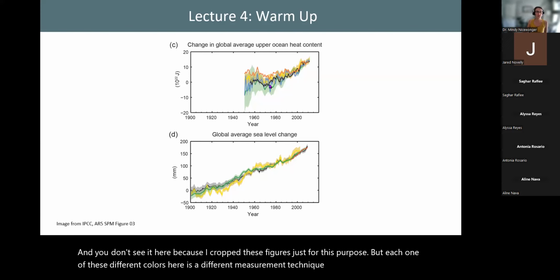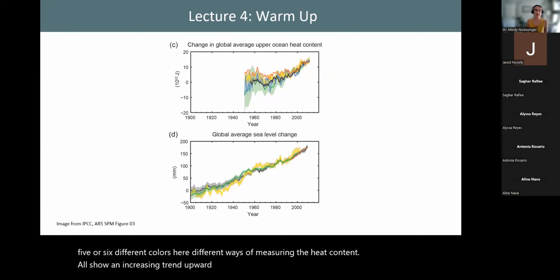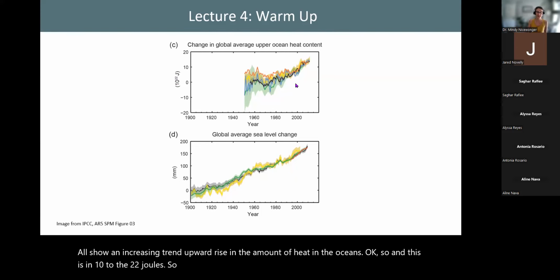So we can see that the 5 or 6 different colors here, different ways of measuring the heat content, all show an increasing trend, an upward rise in the amount of heat in the oceans. And this is in 10 to the 22 joules, so a lot of heat.